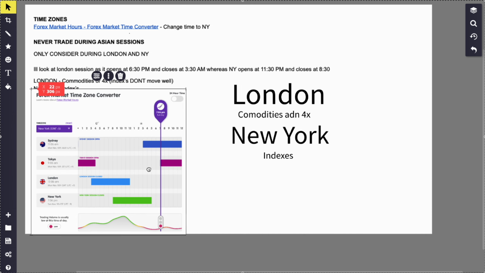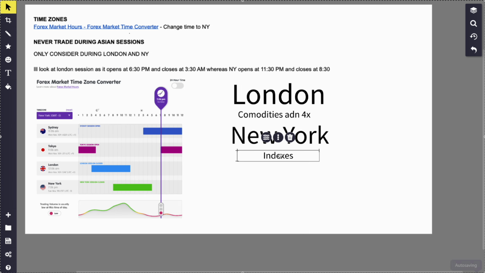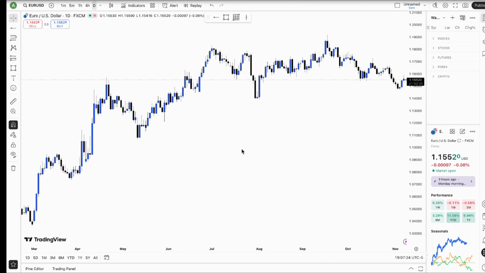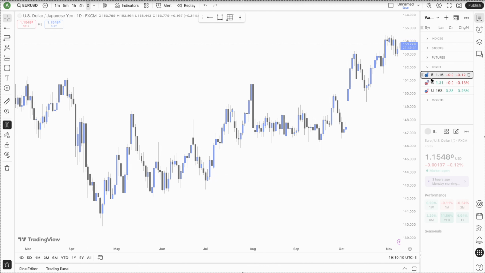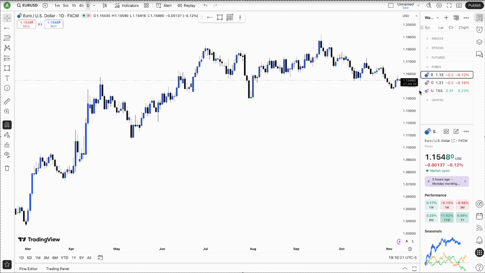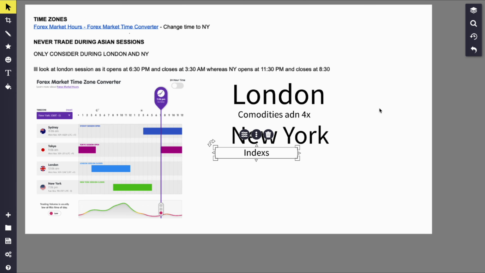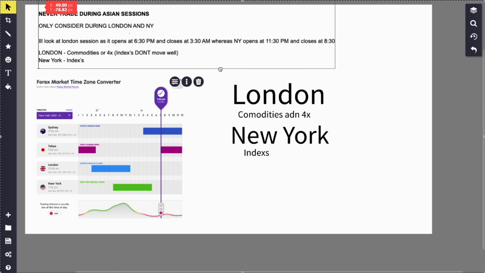So I can just cover that up so I pretend I know what I'm talking about, okay? Anyway, indexes are stuff like S&P 500 and NASDAQ. Then commodities and foreign exchange, that's all like euros to USD. It's changing currency from one to the other, okay? That's kind of what you want to do on London time zones.